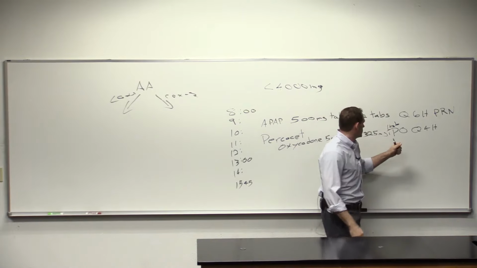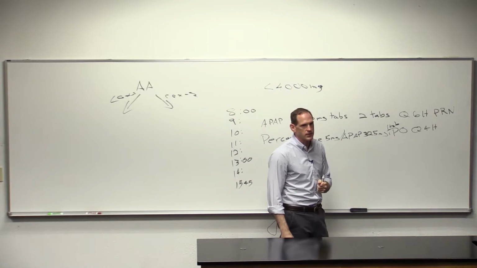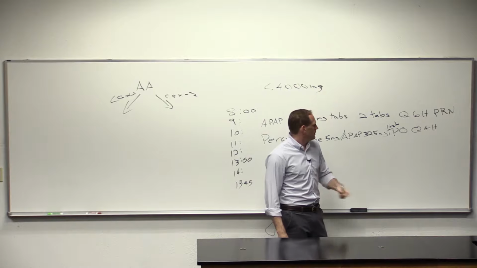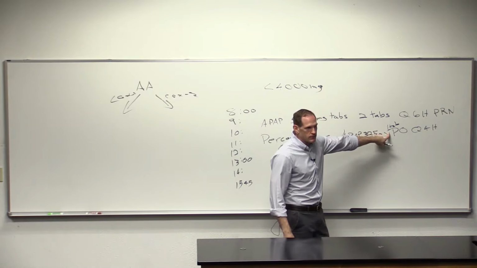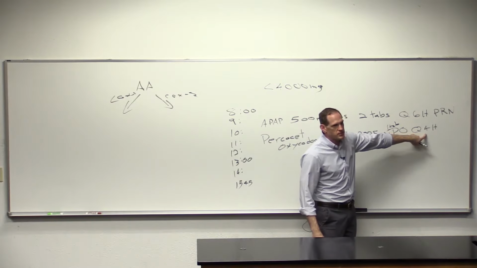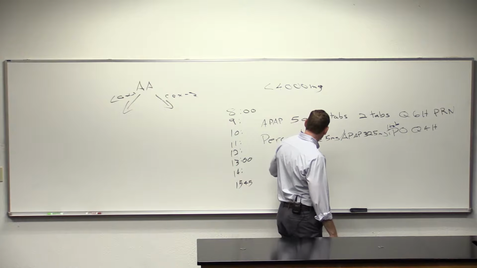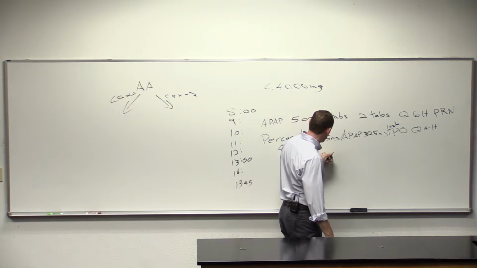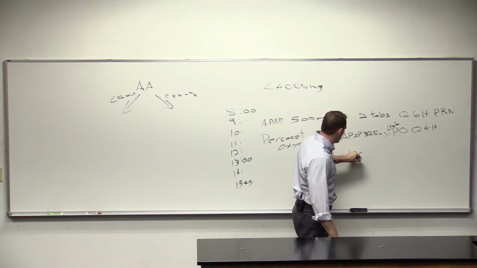So how much acetaminophen is this patient going to get in a 24-hour period on that Percocet dose? 325, 1 tablet. How many times? 6. So what's 325 times 6? 1950.